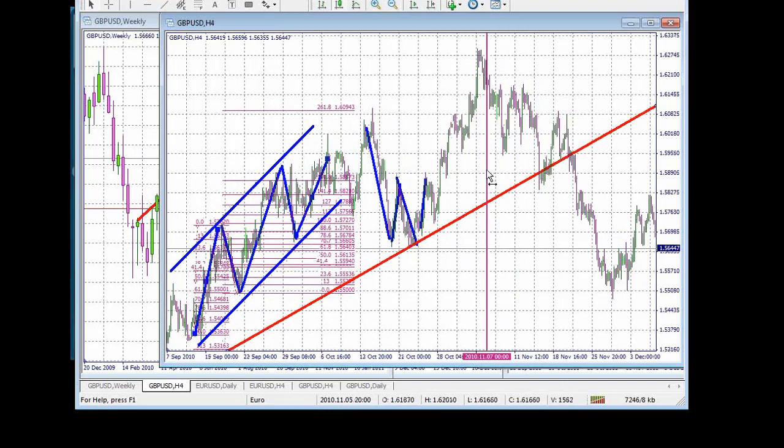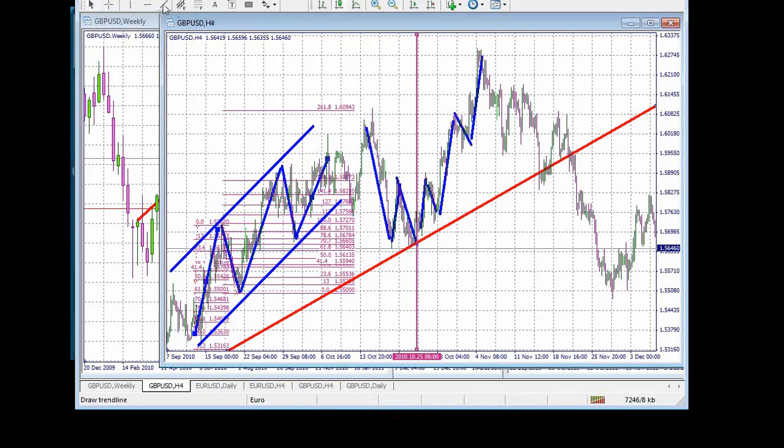I will change this one here because I want to make one separation between the cycles. It will be one, second wave, third wave, fourth, fifth one, and the corrective move. 1, 2, 3.